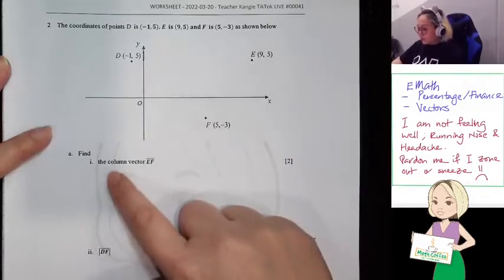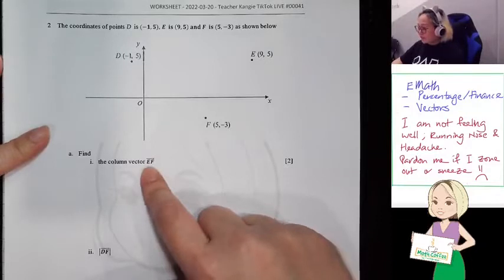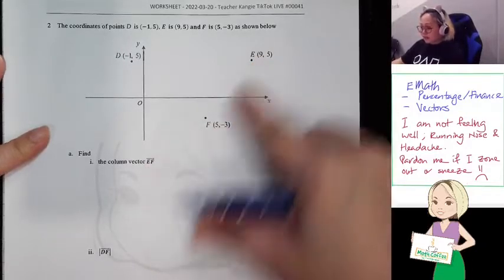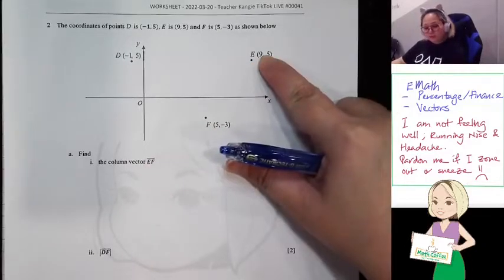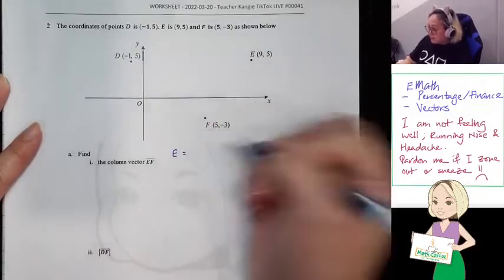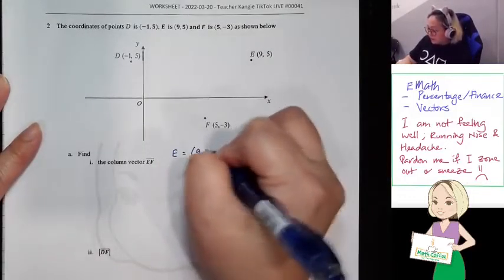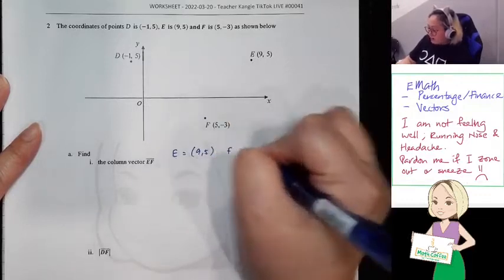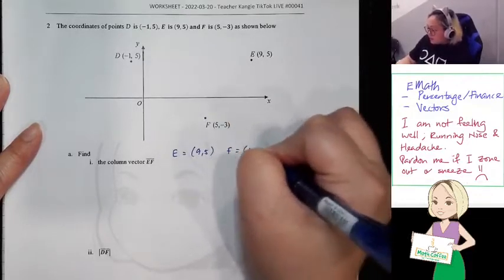So they want to find the column vector of EF. So see here, I already have my E and my F. So what do I do? I'm going to just write down first. My E is equal to 9, 5. Okay, my F is 5, minus 3.